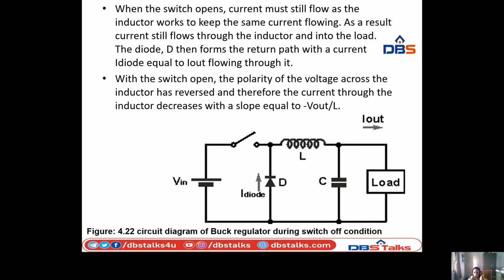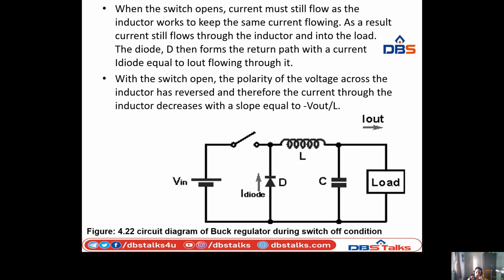The inductor changes its polarity, then the diode comes to the conduction state and sets the current return path. The current flows from the inductor to the load and from the load to the diode. This is the return path of current in switch off mode.